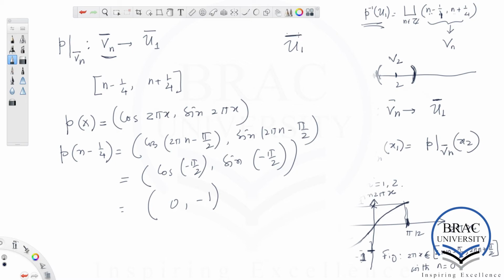Okay, recall that how does it look? This was the circle, and this was the arc, open arc U1, right? So the endpoints here, the boundary points of the closure, are one. This is the south pole, which is 0 comma minus 1, and similarly you can show that P of n plus 1 quarter is equal to 0 comma 1.